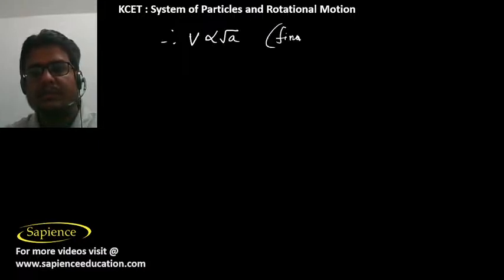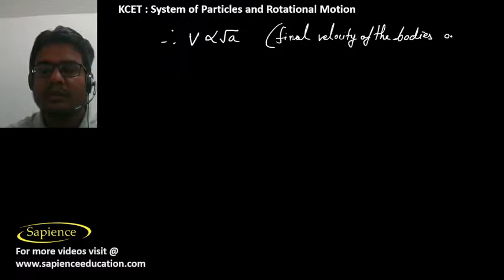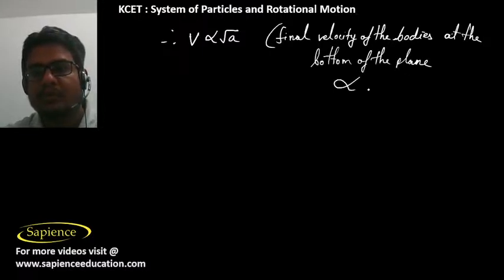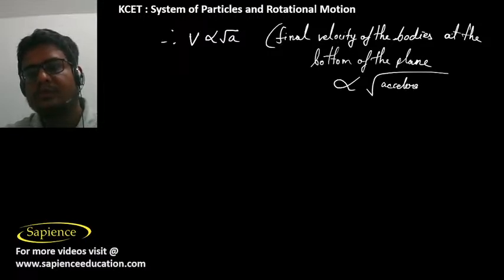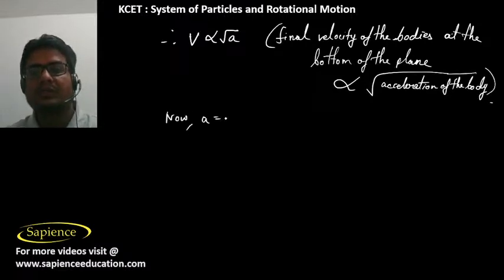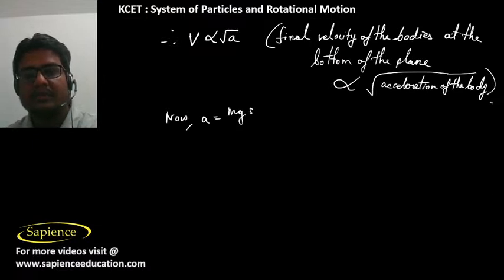The final velocity of the bodies at the bottom of the inclined plane is directly proportional to the square root of the acceleration of the body. The acceleration we got is mg sine theta divided by m plus I by r square.